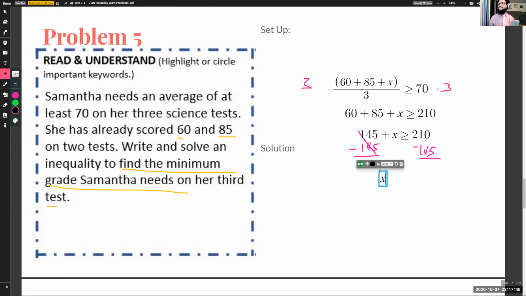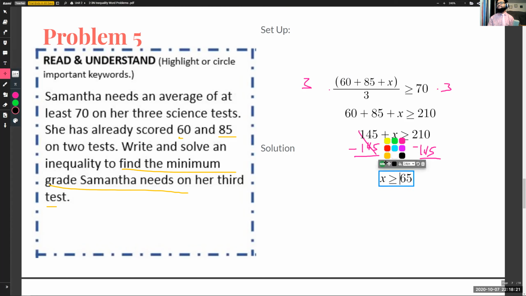And I have x is greater than or equal to 210 minus 145. 210 minus 145, once you do those, you're going to get a 65.